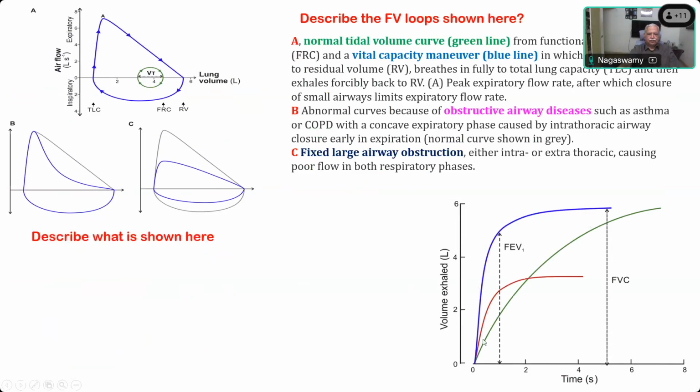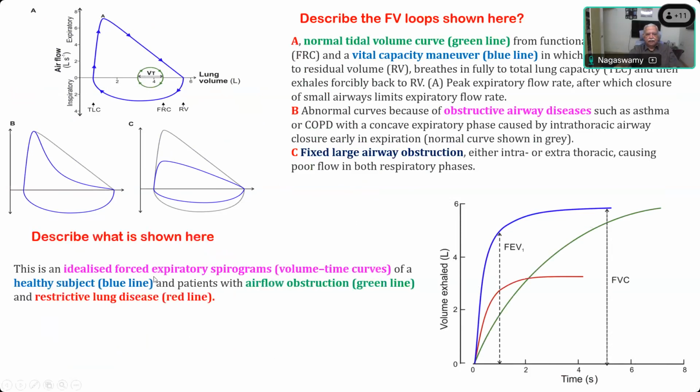Fantastic. Very good. So this is the idealized forced expiratory spirogram, that is the volume time curve of a healthy subject, which is blue, normal. Airflow obstruction is green. The patient is not achieving the FEV1, but his total volume is achieved, though it takes a longer time.